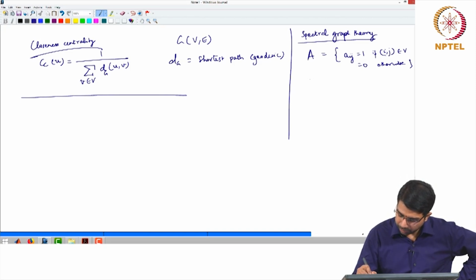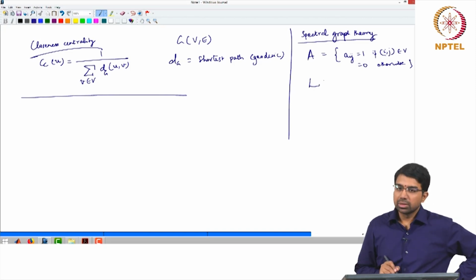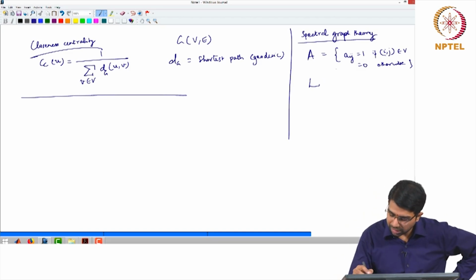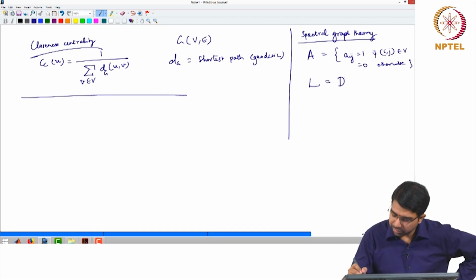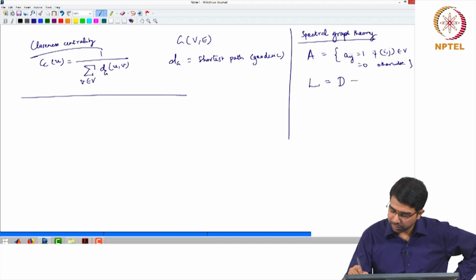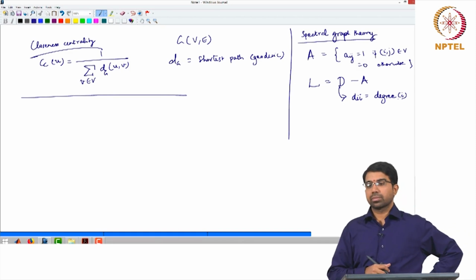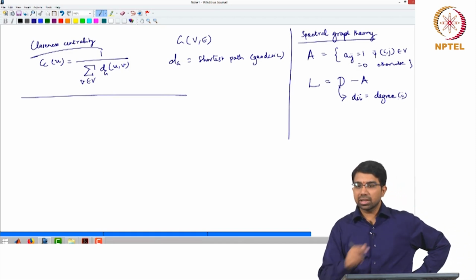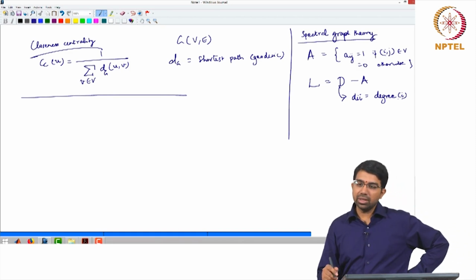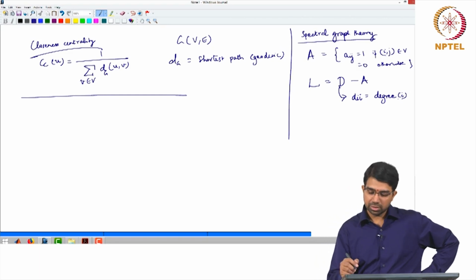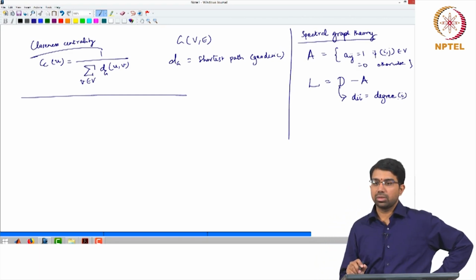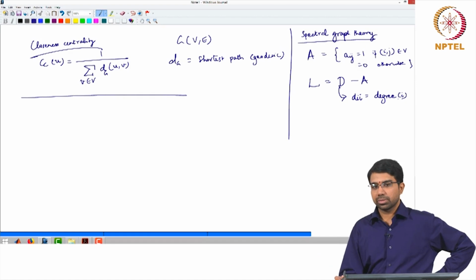And there is a Laplacian matrix, which is D minus A, where D is a diagonal matrix where dii is the degree of the ith node, and it is 0 otherwise.